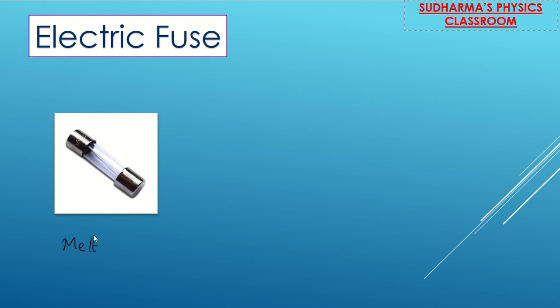For any current to flow in a circuit, we need a closed circuit, right? So let me tell you an example. I have a bulb. I'm connecting that to a fuse, then to the high potential. A switch is required, but I'm just showing only the fuse. This is the fuse and this is the bulb.